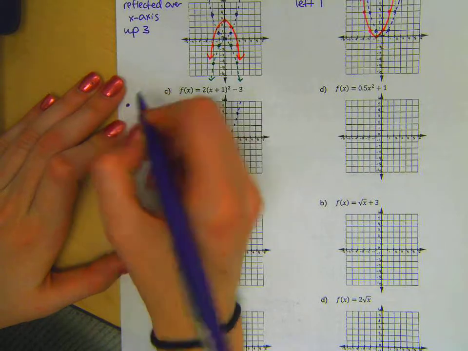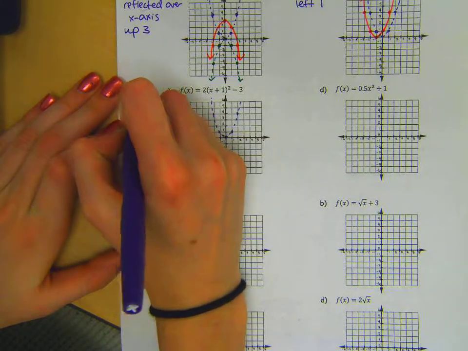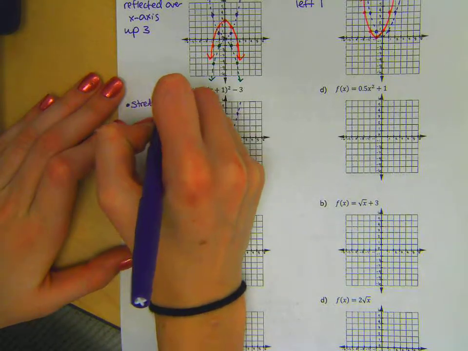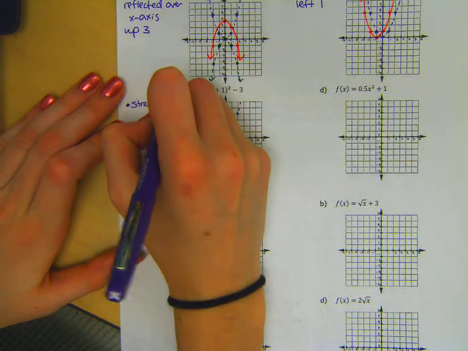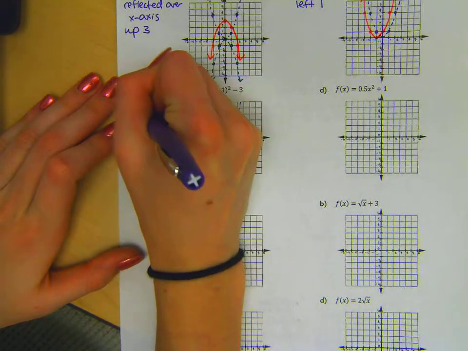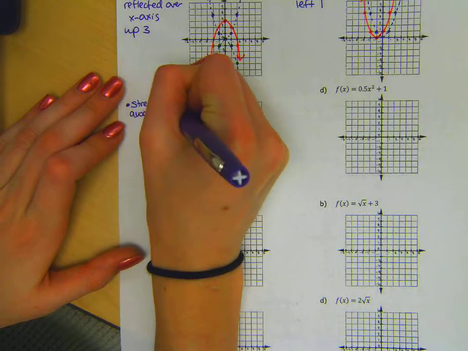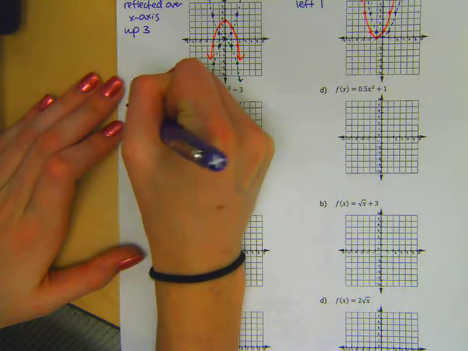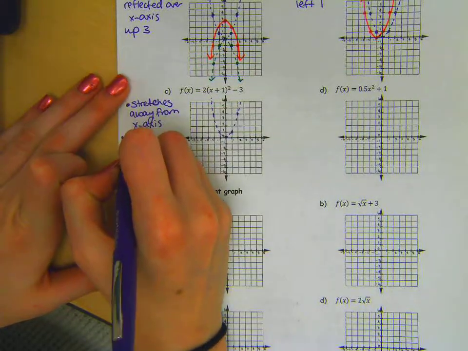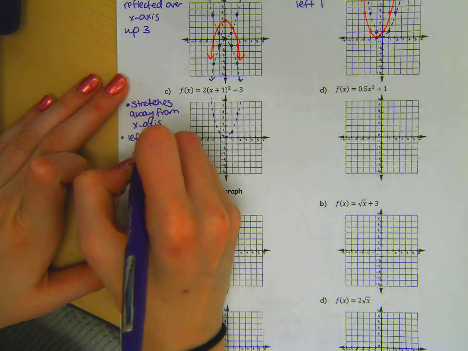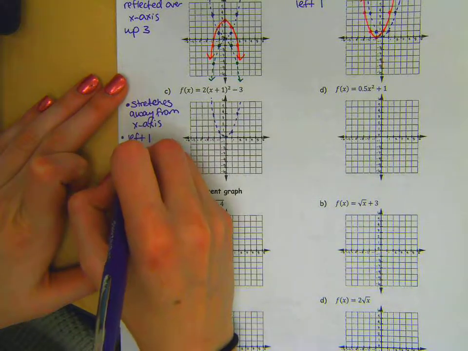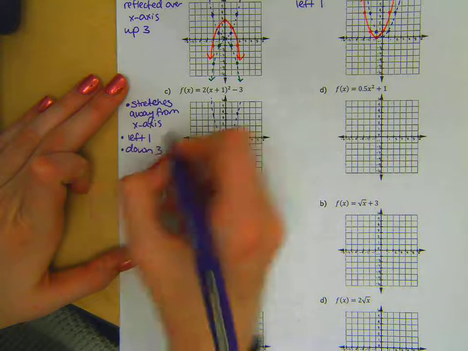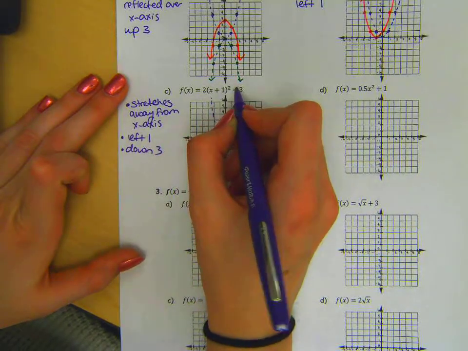So I'll do 2 bullets because 2 things are happening here. So we're going to stretch away from the x-axis. Then we're going to move left 1 and then down 3. The +1, left 1, and then down 3.